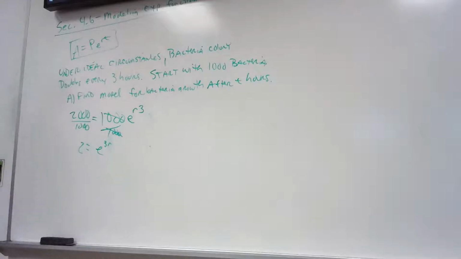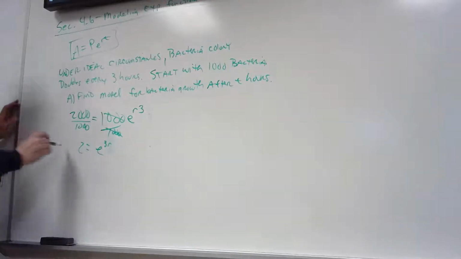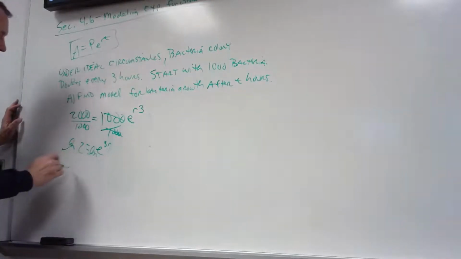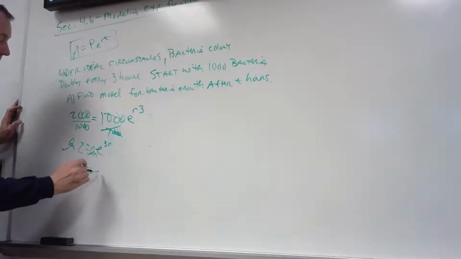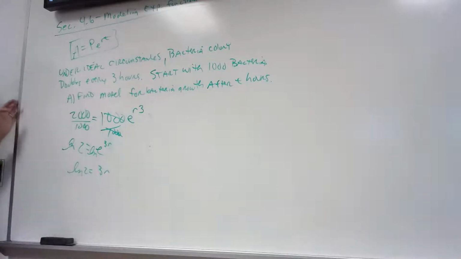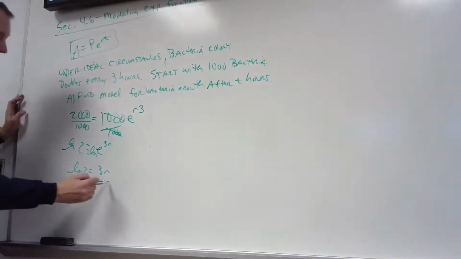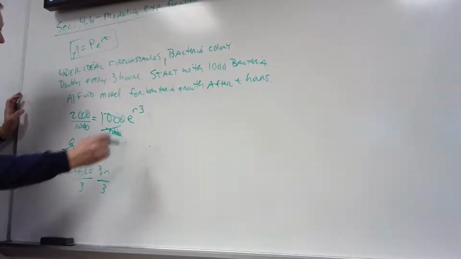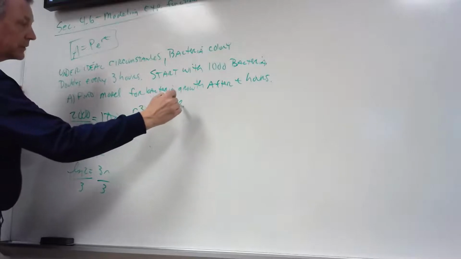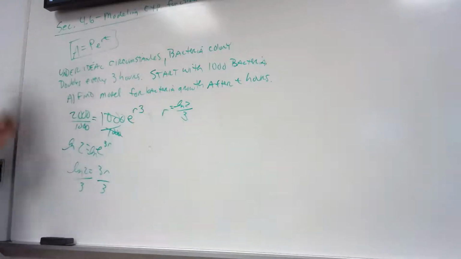Okay? Then would we take the natural log of both sides? So the ln of 2 equals 3r. And then divide by 3. So your rate is going to be the ln of 2 over 3, which you can plug into your calculator.